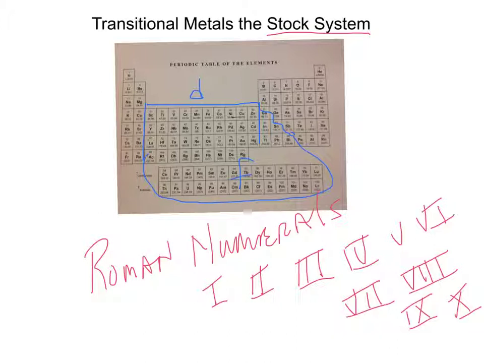If you get through 10, that's a pretty good set. The Roman numerals tell us what the charge is on the metal only.